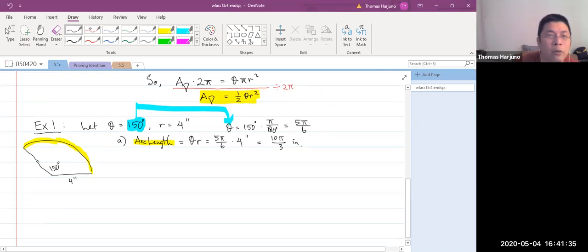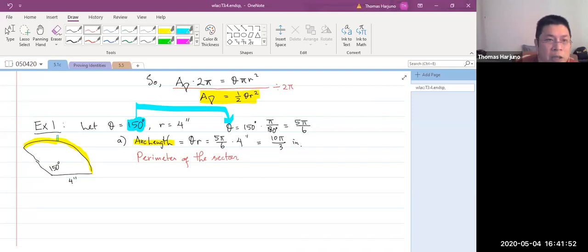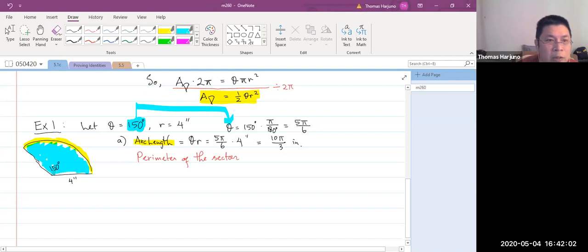Oh, by the way, suppose I ask the other way around, the other things like what is the perimeter of the sector? Well, we know this is the sector here, the pizza part. If you say the sector is the pizza, then the yellow part is the crust part. You see what I mean?